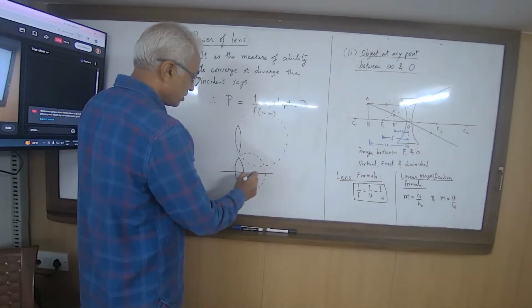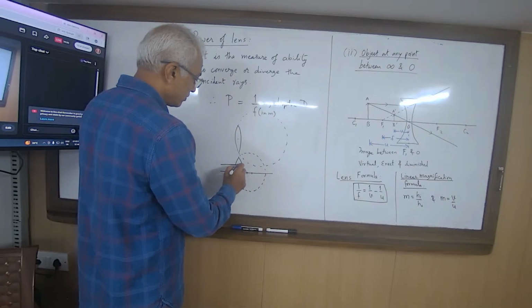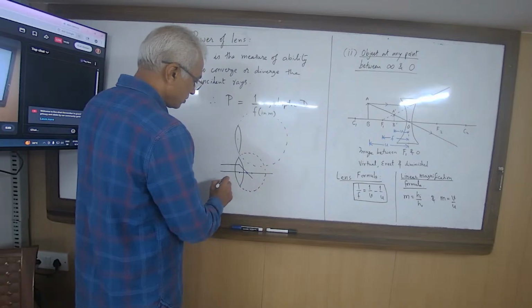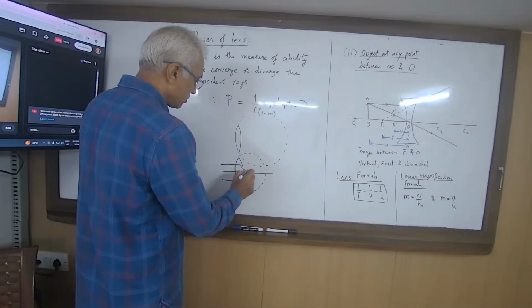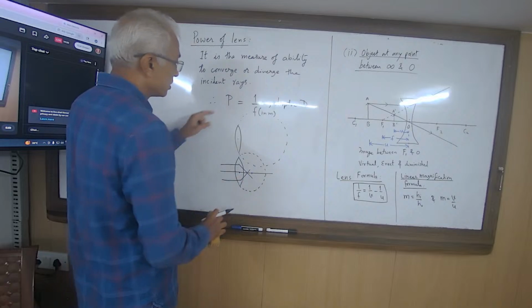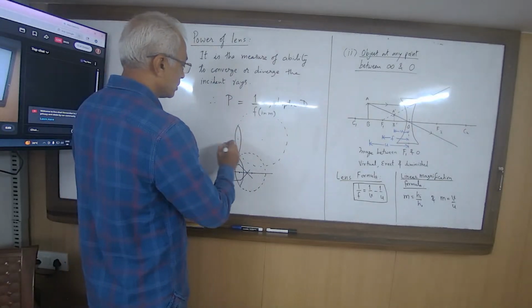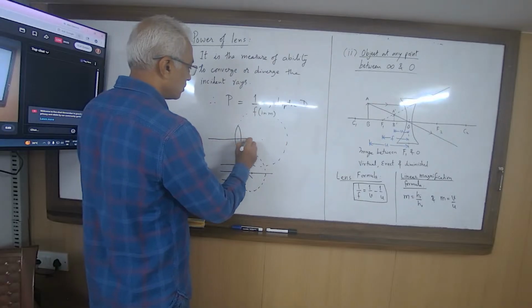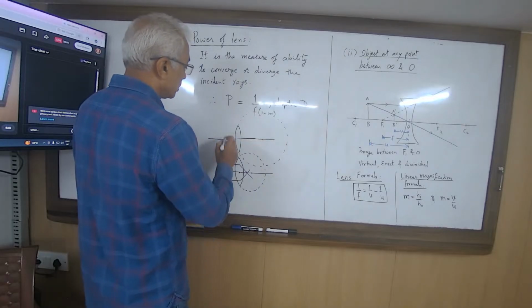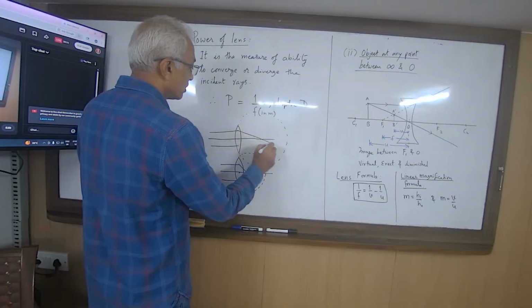So if its center is here, the focus will be somewhere here. Any incident rays will be more converged in the case of this diagram. Short focal length, so it's reverse, that's why it's a reciprocal. Whereas for this, the incoming rays will be converged a little later.